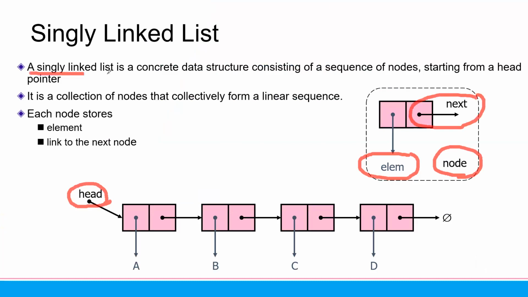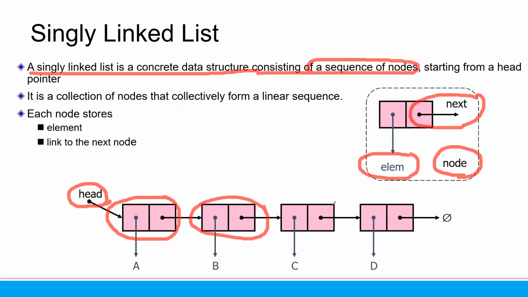So a singly linked list is a concrete data structure consisting of a sequence of nodes. So I have, this is a node, this is another node, this is another node, this is another node, and for every node there is a link.